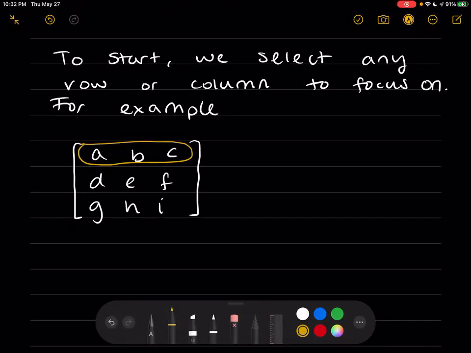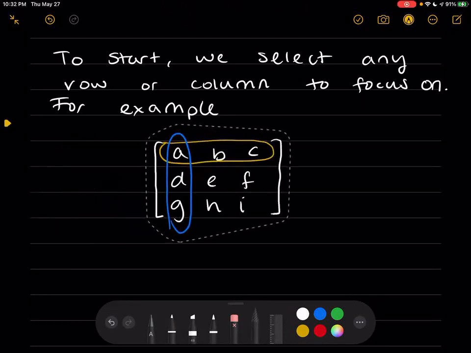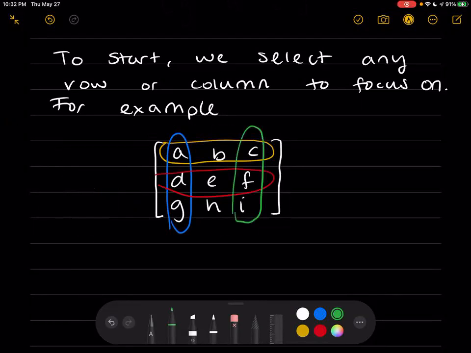We could also possibly pick the first column. Those are the two most common ones, just because it doesn't quite matter which one you pick. So you might as well pick the first one. So these are some examples. Of course, you could also pick this one, or if you really wanted to, you could also pick this one. Again, whichever row or column your heart desires.